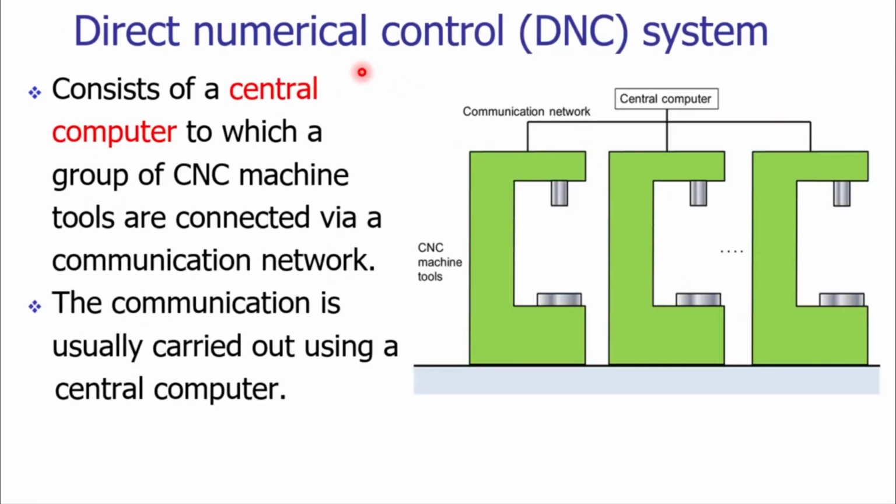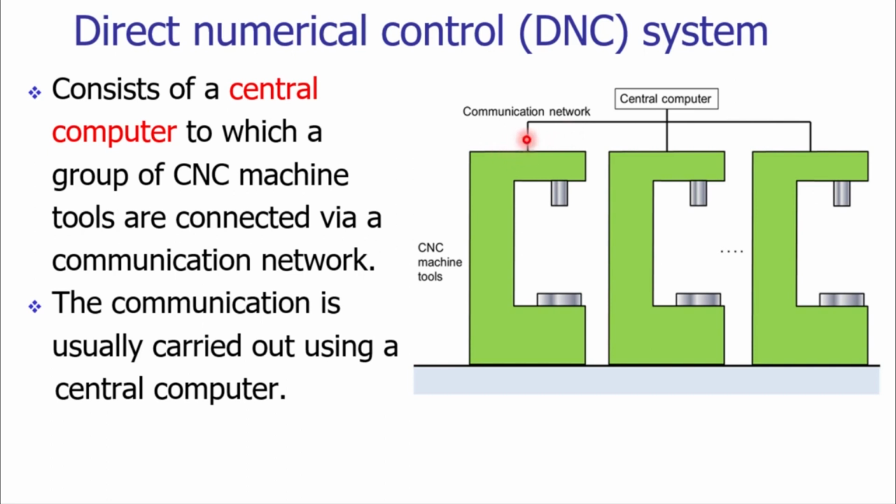In a direct numerical control type of system, there is a single computer, called the central computer, and that central computer is controlling the operations of a number of CNC machine tools. The communication of the central computer with the CNC machine tools is carried out by a communication network.